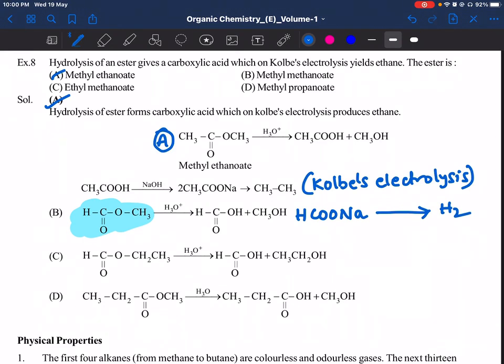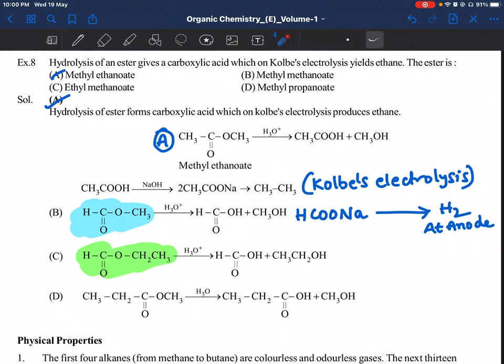We get hydrogen gas at both anode and cathode, not ethane. In the same way, ethyl methanoate also gives formic acid and ethyl alcohol. Formic acid with base gives hydrogen gas at the anode.